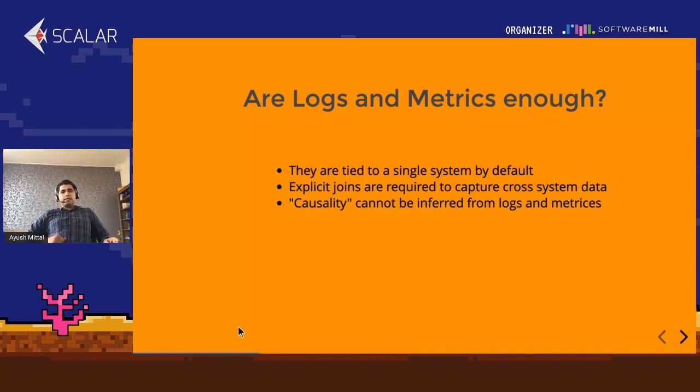If I check a log line in an HTTP server, I cannot infer from that very log line what might have happened before this log was printed, unless I do it myself in the log, but that's not something anyone wants to do. So seeing that log line, I cannot infer what happened before this, or what has caused this log line, or what might happen after this. That's not something that logs and metrics provide, causality.